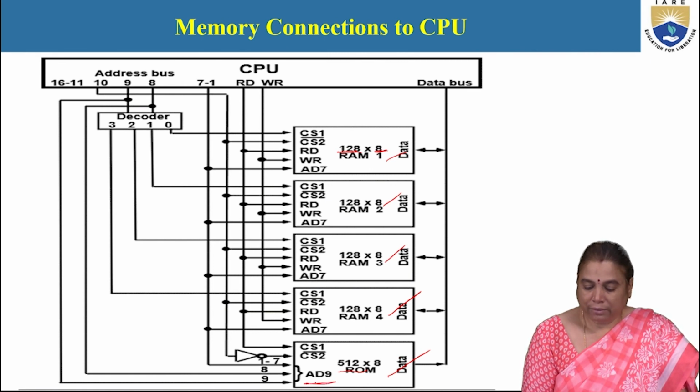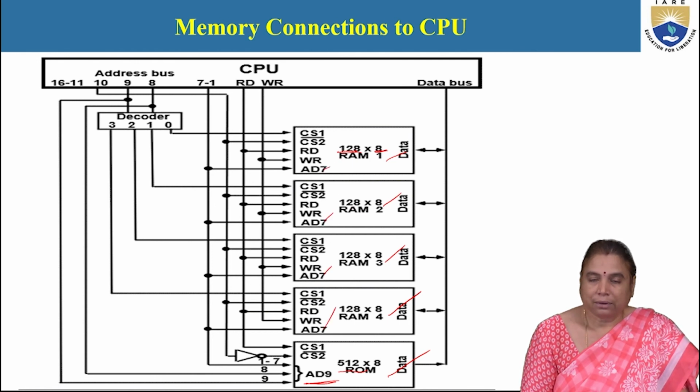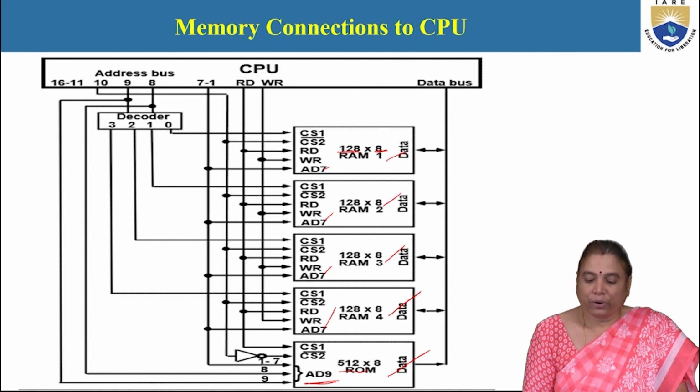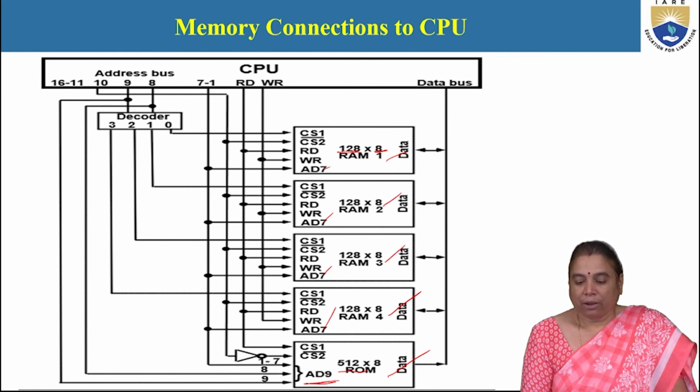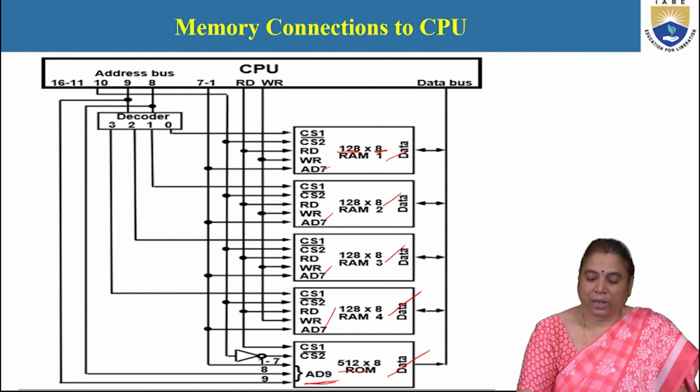In total, 9 address lines are connected here. For RAM, 7 address lines are connected, which is why the address space is 128. There are 4 memory chips available. For the selection of a chip, CS1 and CS2, two chip selection lines, are required.